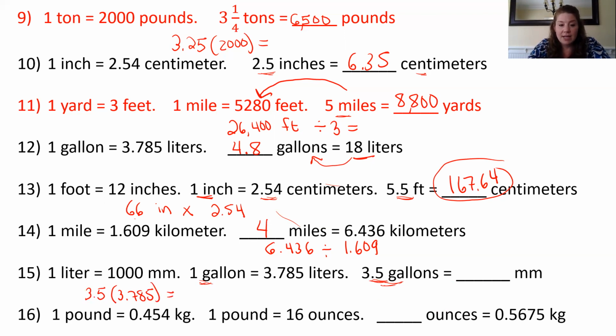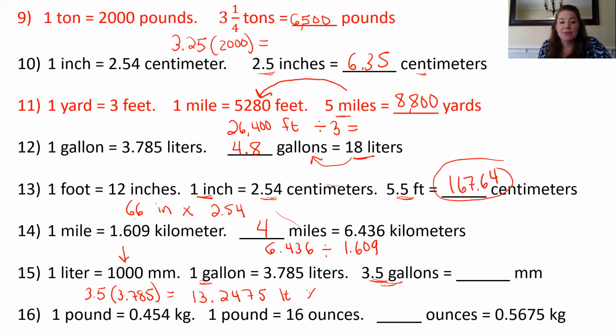3.5 times 3.785. So I have 13.2475 liters, L, I guess. And then I know that 1 liter is 1,000 milliliters, but I have over 13 liters.